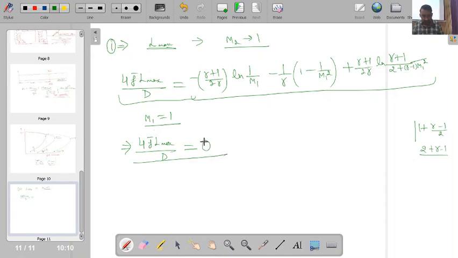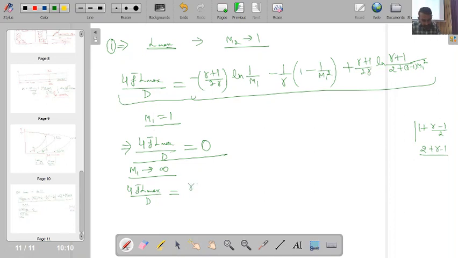Now let's consider the case of a very high Mach number M1 which is approaching infinity. So here, if I calculate this, you can see that gamma plus 1 by 2 gamma is common in both these terms.